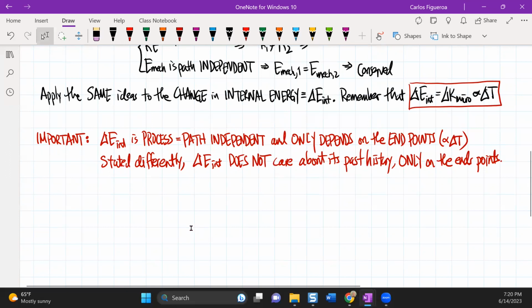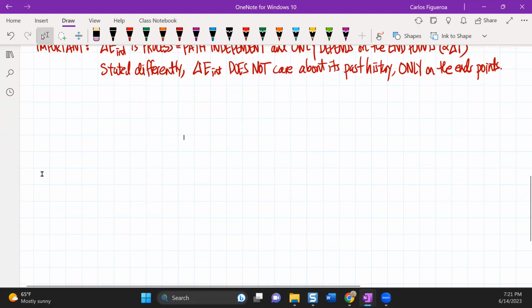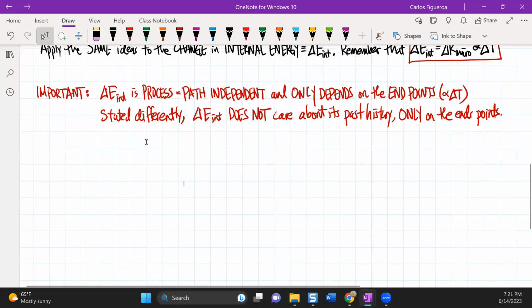Stated differently, the change in internal energy does not care about its past history, only the endpoints. So when I say only the endpoints, I really care about the change in temperature.